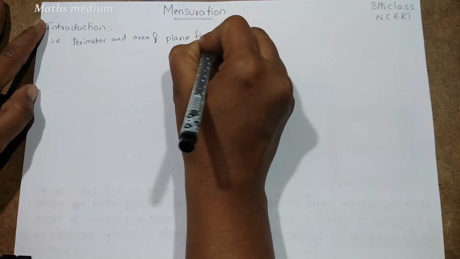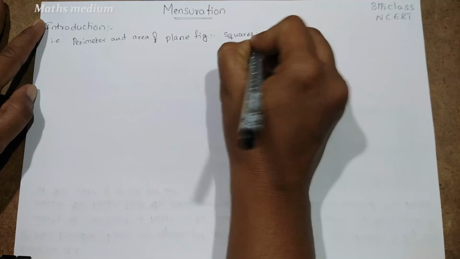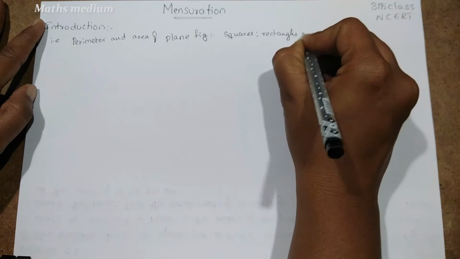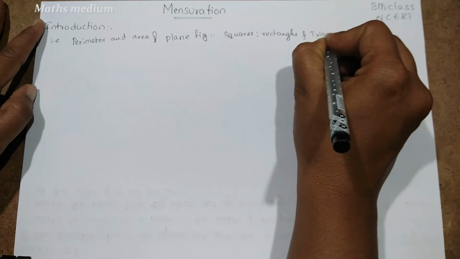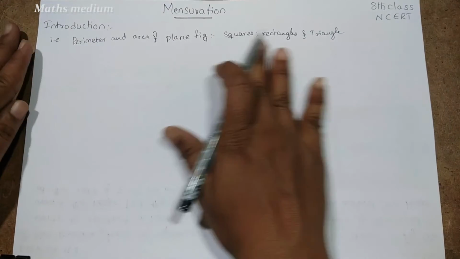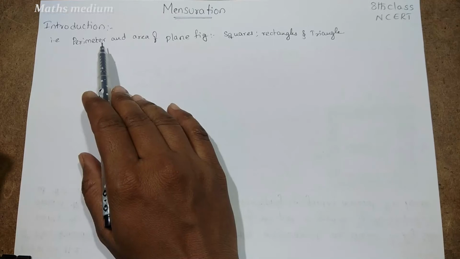Those are like squares, rectangles and triangles. So both perimeter and area of any plane figures, it means two-dimensional figures, you may have learned in 7th class and 6th class videos.